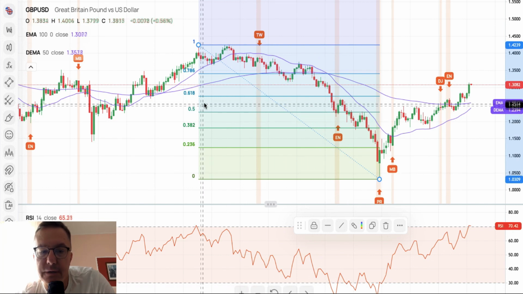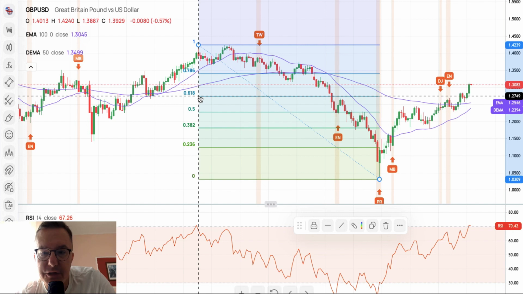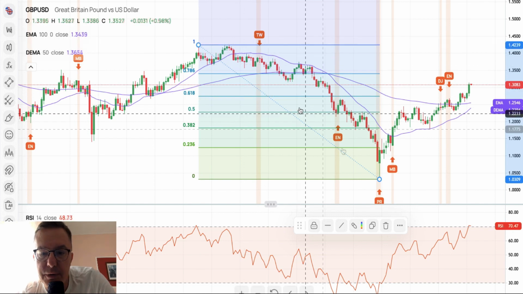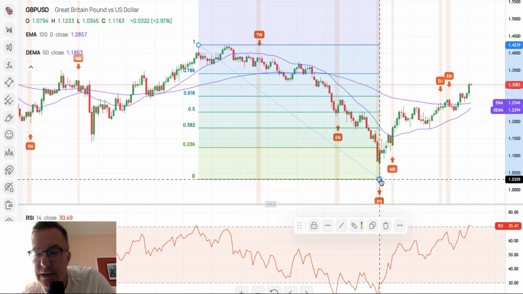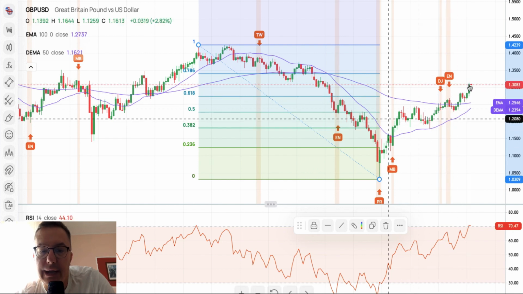I'm showing you this because as you can see here, we got the 61% Fibonacci retracement of this whole big movement towards parity on the British pound that was made at the end of September last year. And then of course we got this very nice rebound higher.